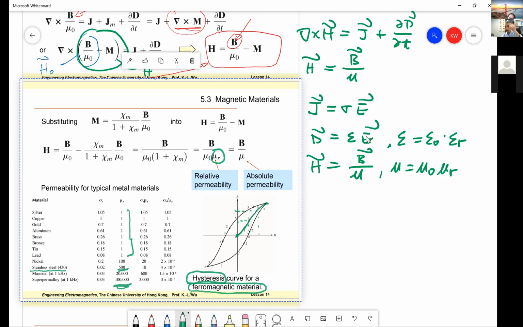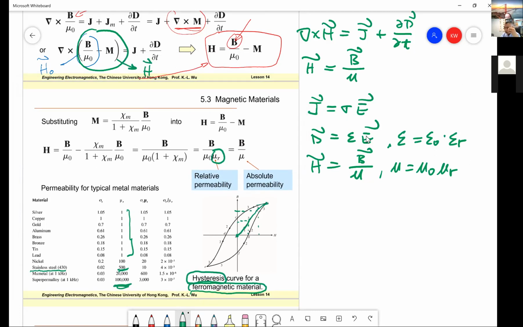When you come back, you don't take the same route. When you reduce H to a certain level, B is 0. And then you further reduce H to 0.